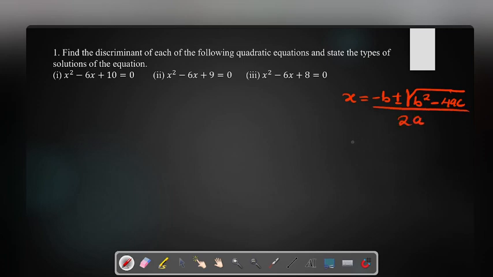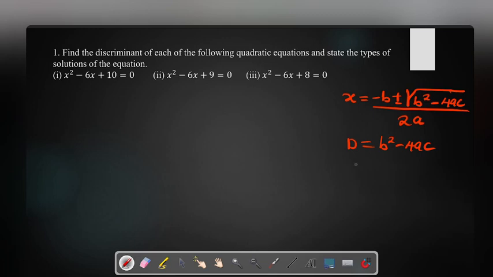Here the discriminant is what we have inside the square root. That's what we call the discriminant. So the discriminant is equal to b squared minus 4ac.